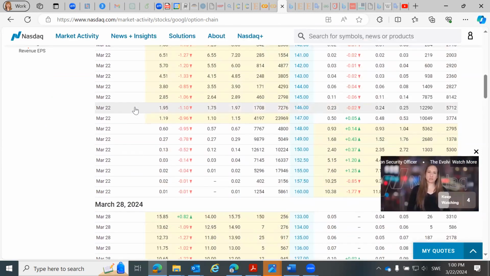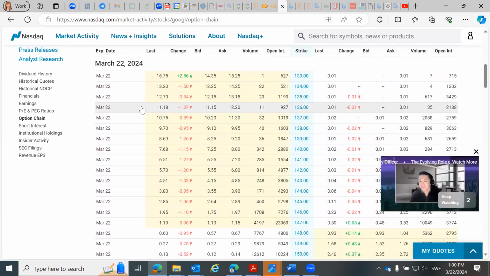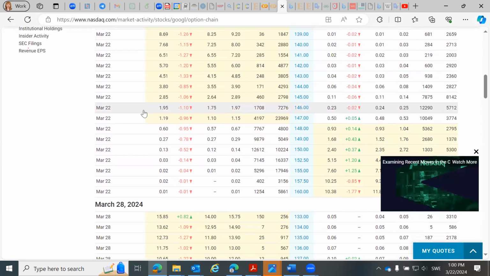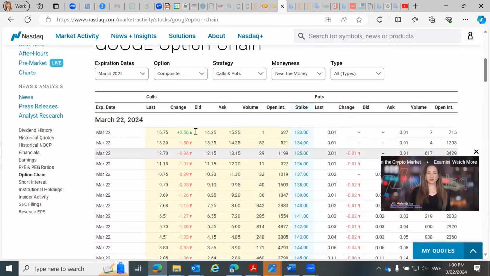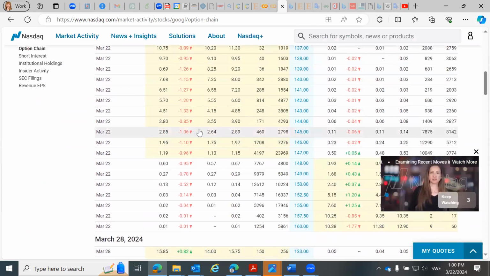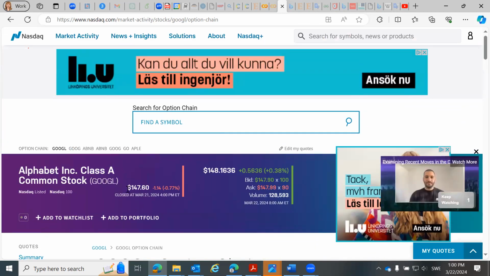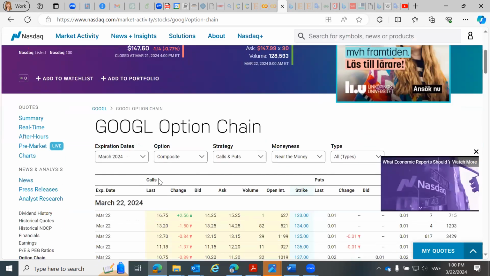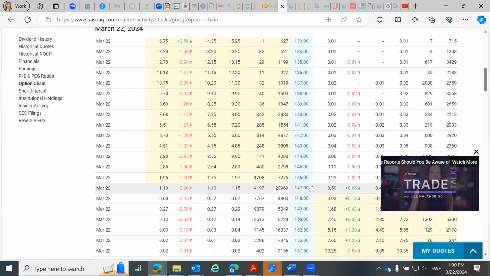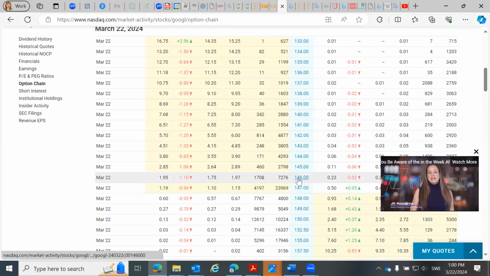So from today to this, it is approximately 6 days. And we can choose the strike price, close to 147, maybe even this or this or this.